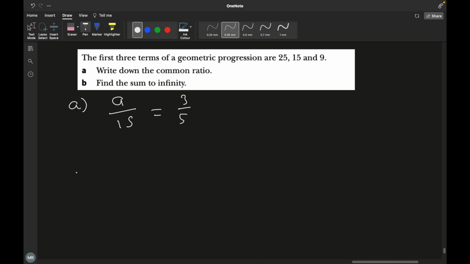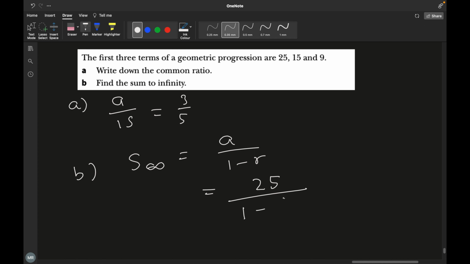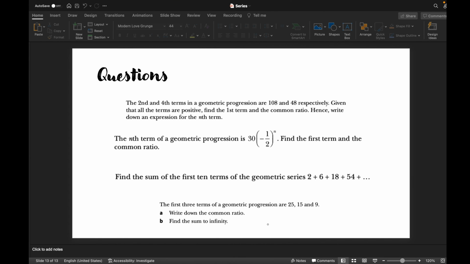And if we want to find the sum to infinity, we do a divided by 1 minus r. A is 25 divided by 1 minus 3 by 5. We get 62.5. So this is the answer.